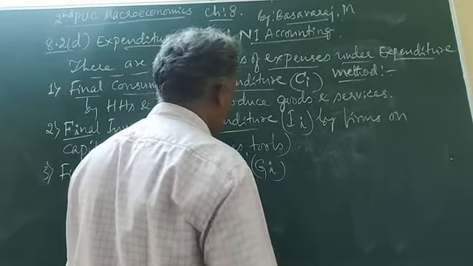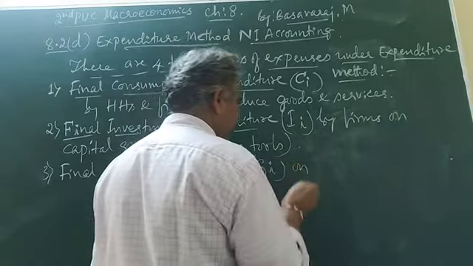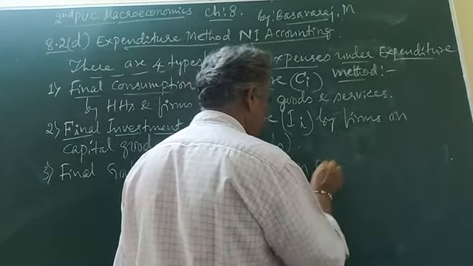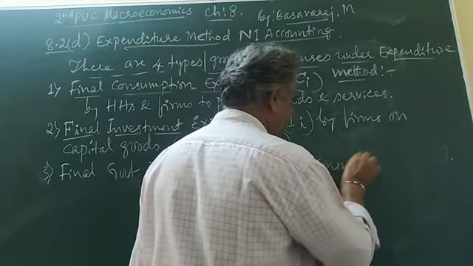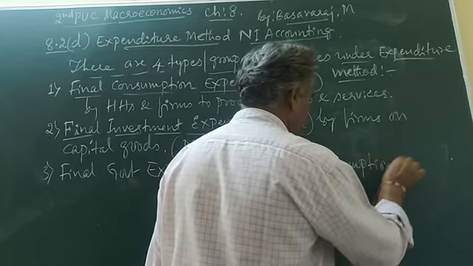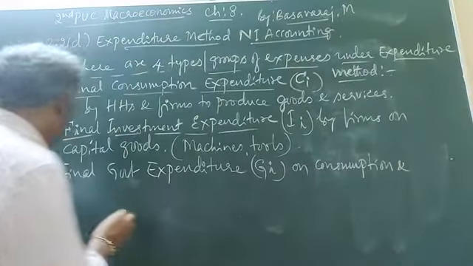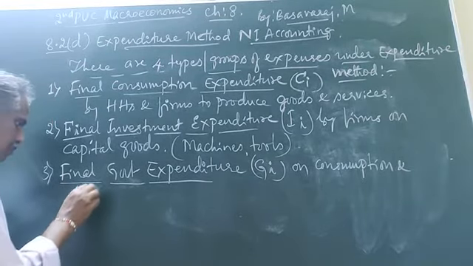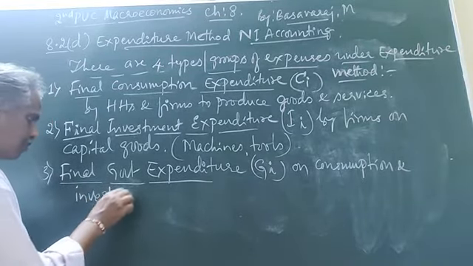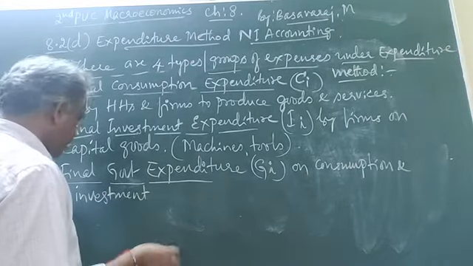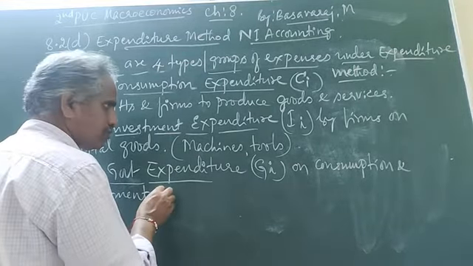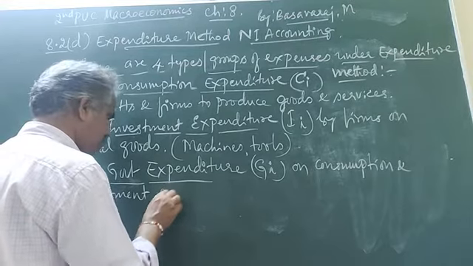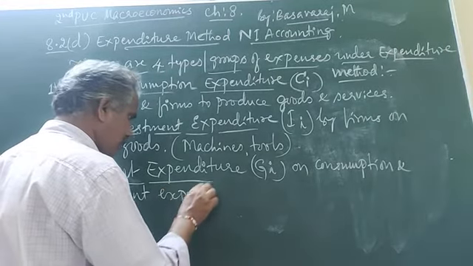That is GI, consumption and investment expenses.